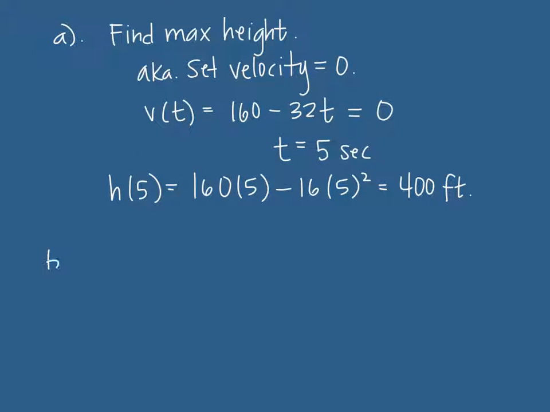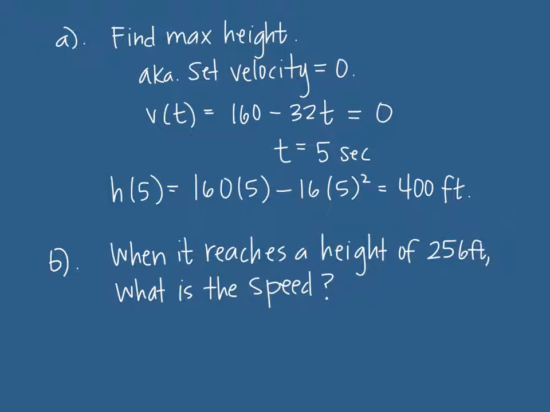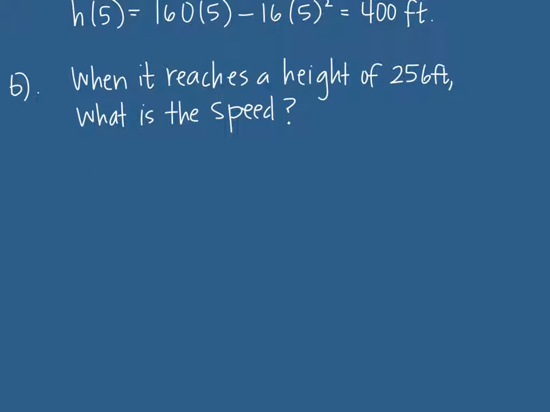All right, part B. When it reaches a height of 256 feet, what is the speed? There's actually an in-between question that you have to answer before you can go right to what is the speed.